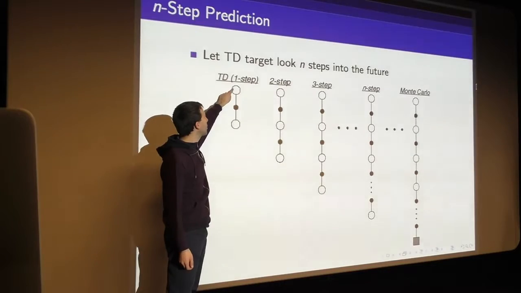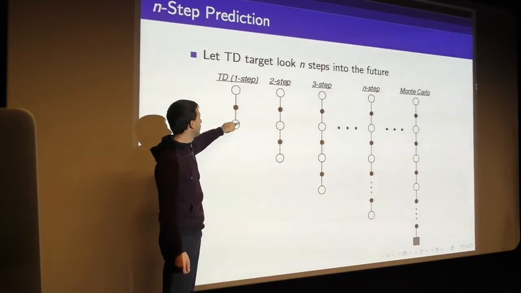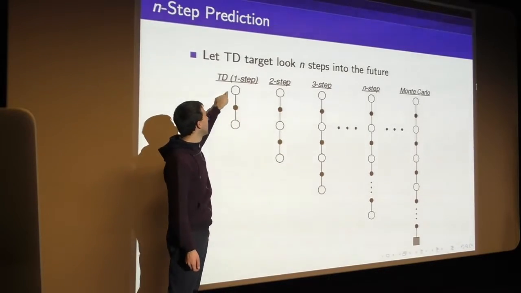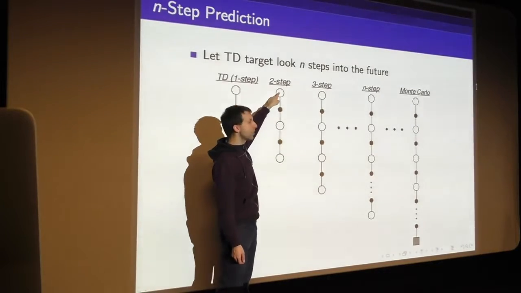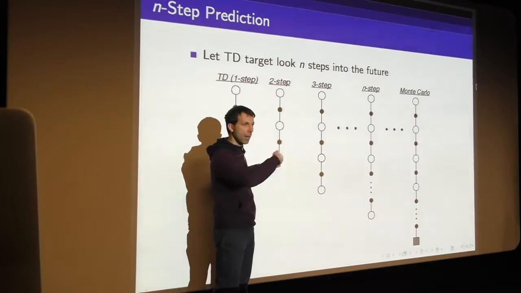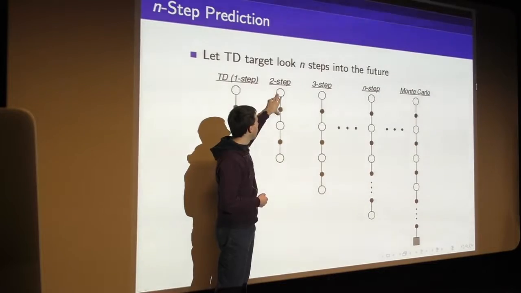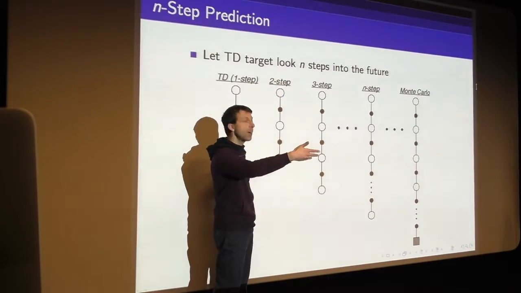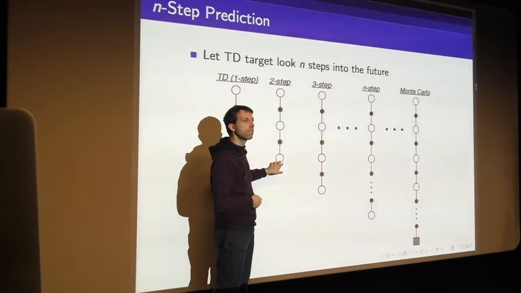TD0, what we've seen so far, is a special case where we take one action, so we see one step of the environment, we end up in some successor state, and we update the value function of that successor state towards our value function at our original state. But we could just as well do the two-step version, where we take one step to our next state, another step to our state 2 time steps from now. We update the value function, our reward plus our value function gives us our estimated return, and we update our value here towards that estimated return.